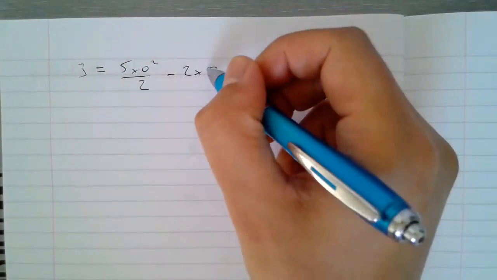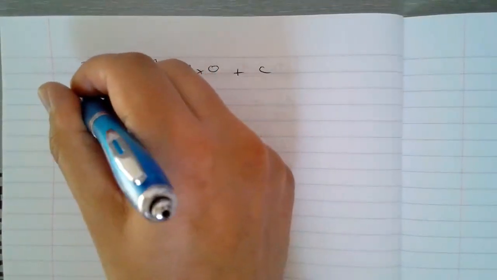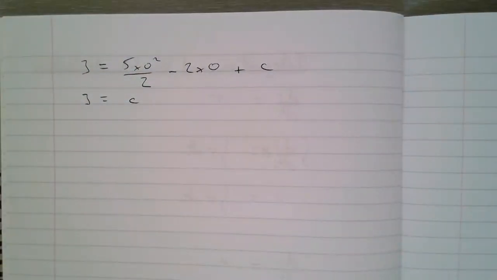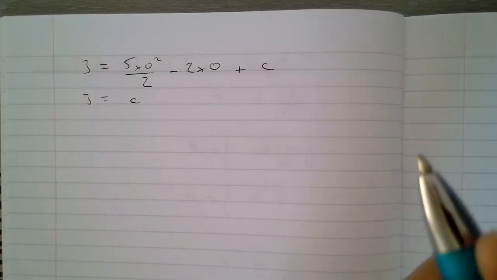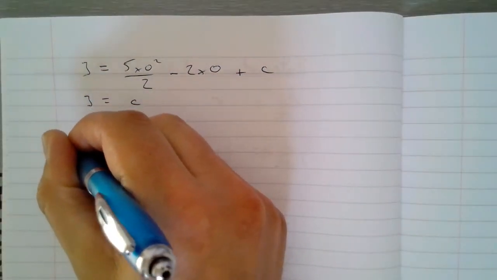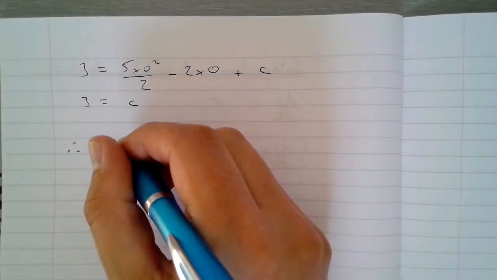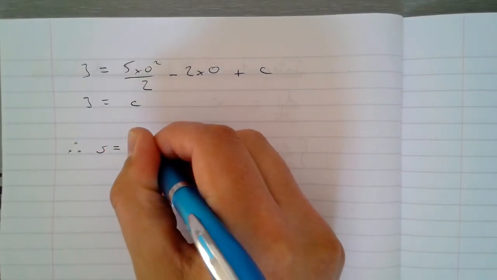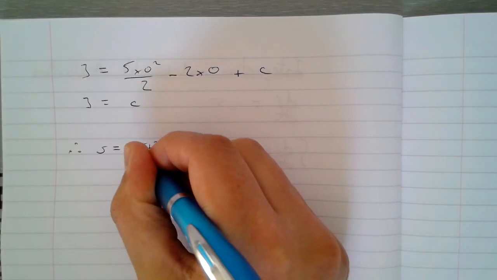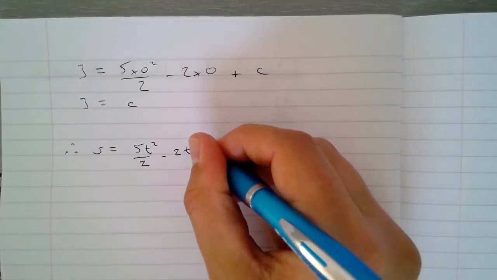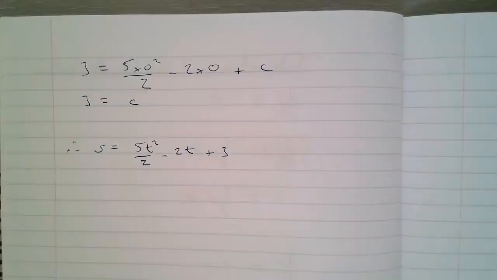I've substituted in 0 for time and 3 for displacement, and hopefully you can see that c just has to be 3. Therefore, and you really must do this last line, s is equal to 5t squared over 2 minus 2t plus 3.